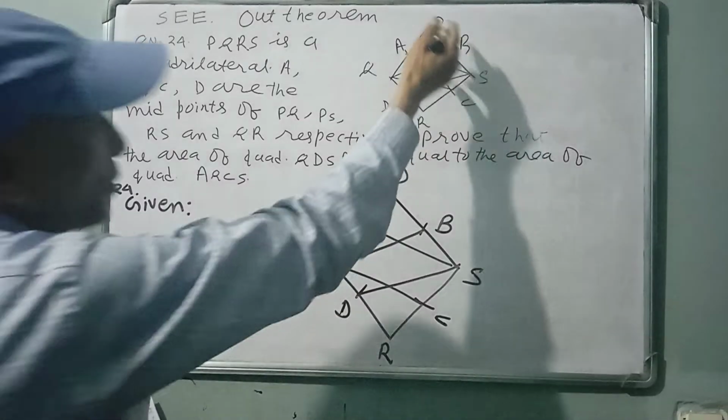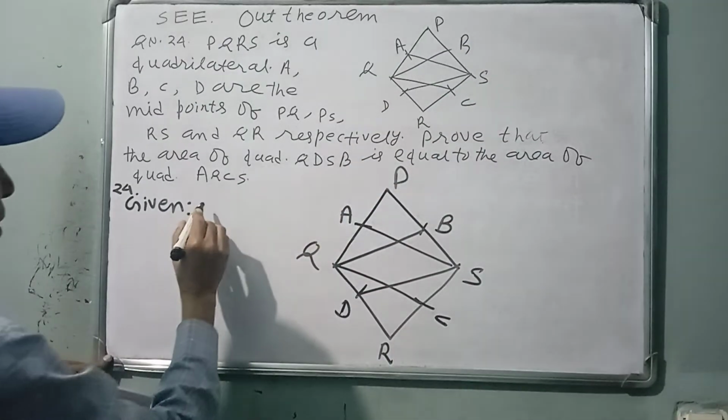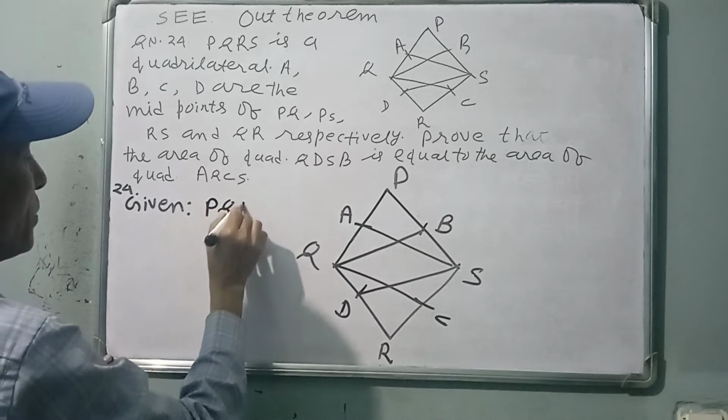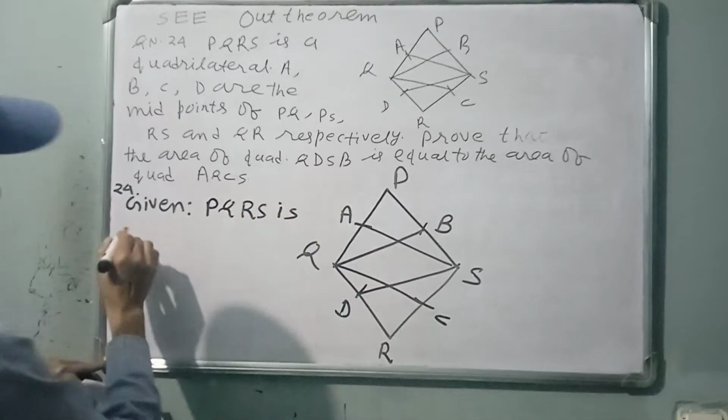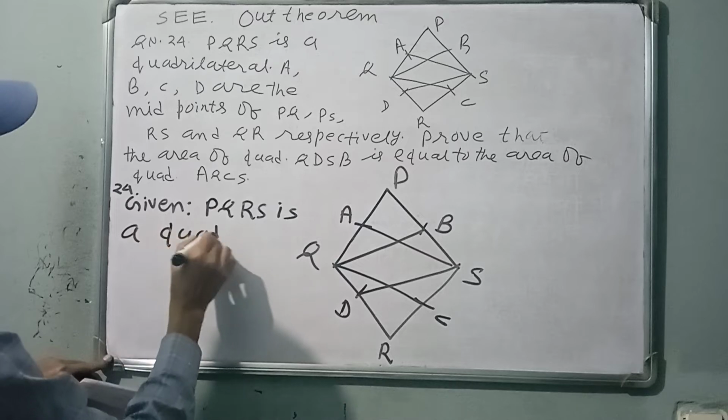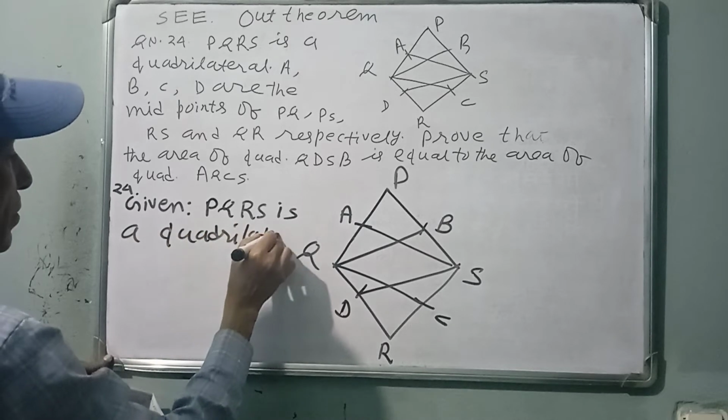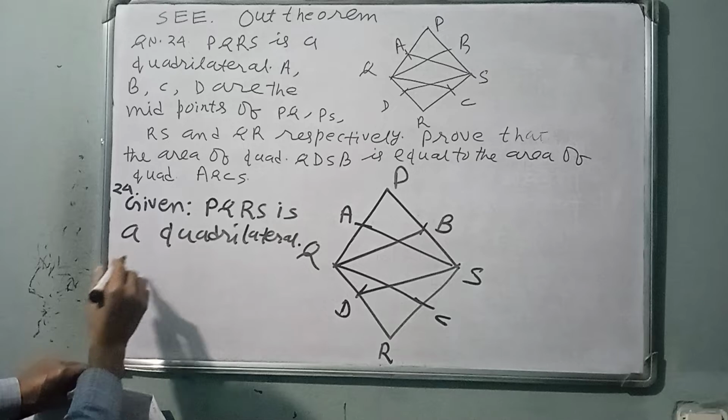Whatever is given in the question, write that in the given. For example, PQRS is a quadrilateral as given.